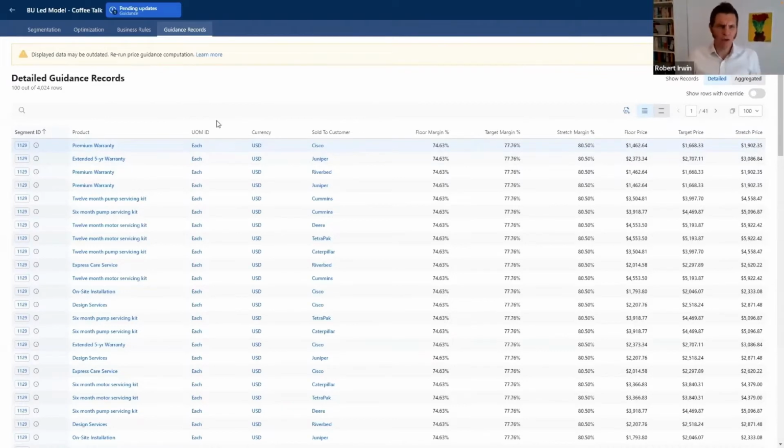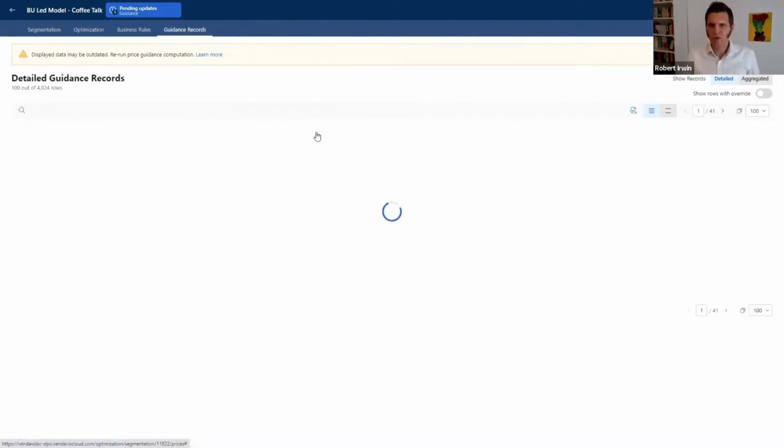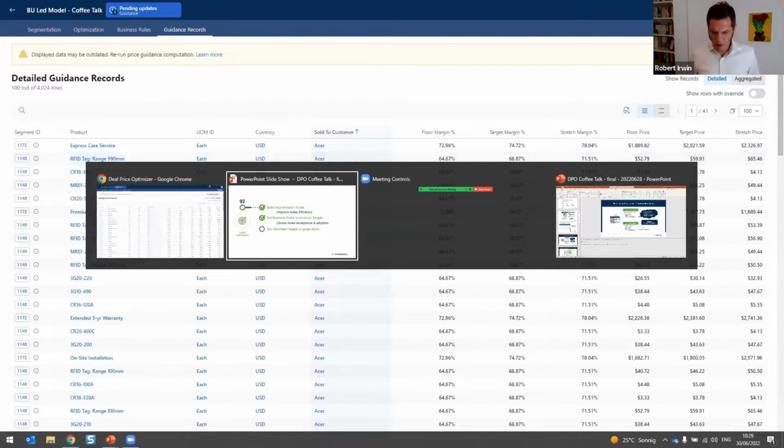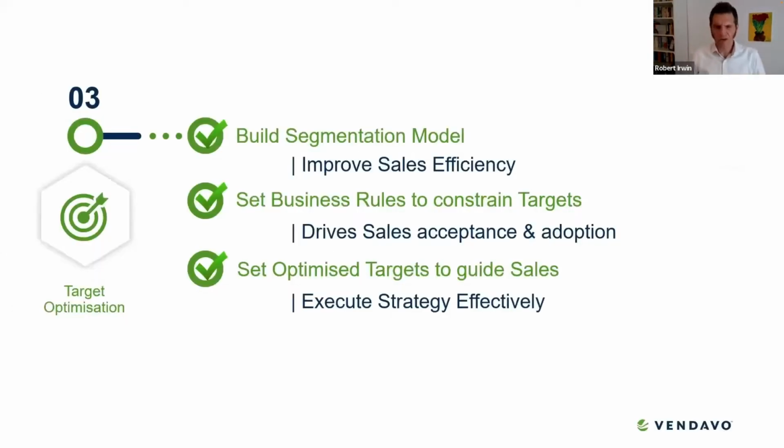We get an API call from the quoting system, whichever that is, that includes the segment information. This is the data, including in the segment description, that would go back to the quoting system with that optimized target price. So it's an easy process, updated on a regular basis as the transaction data updates, really driving the effective execution of your business strategy.